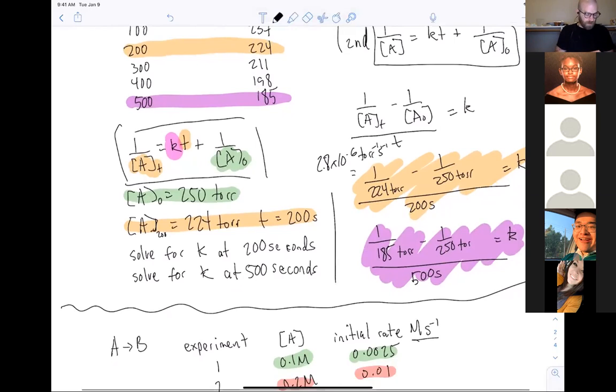And then let's see for the other one. Yeah, I get the same thing, 2.81 times 10 to the minus 6. I'll double check that first. I might have just punched the same thing in my calculator twice.